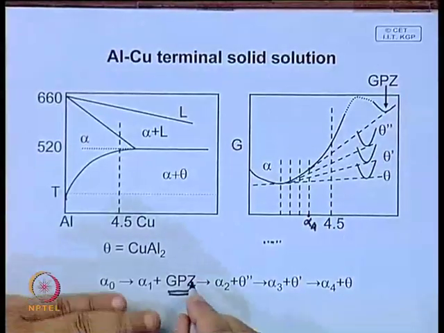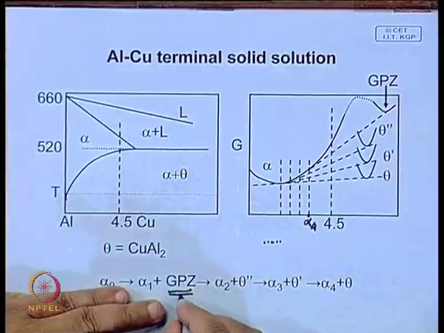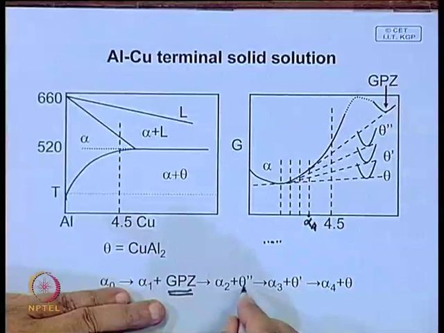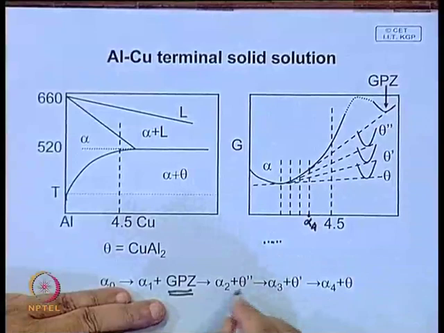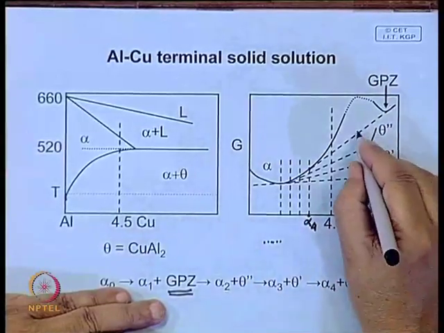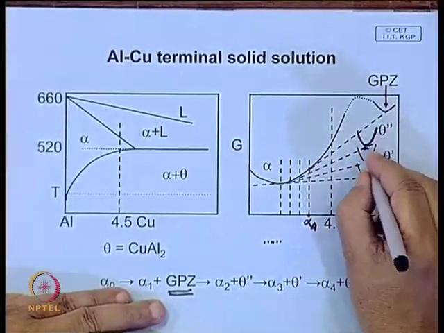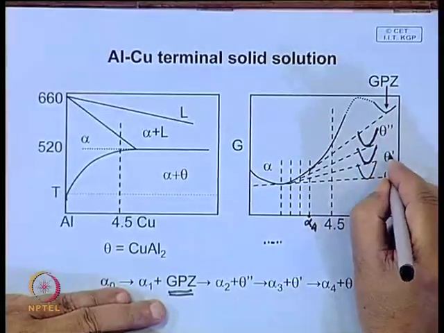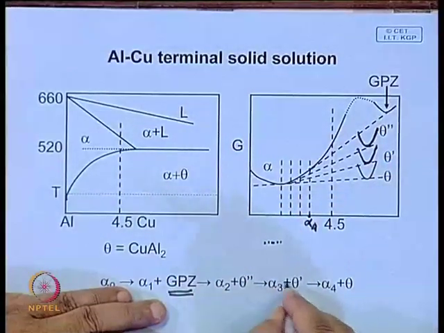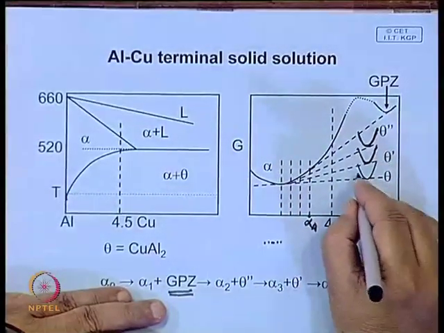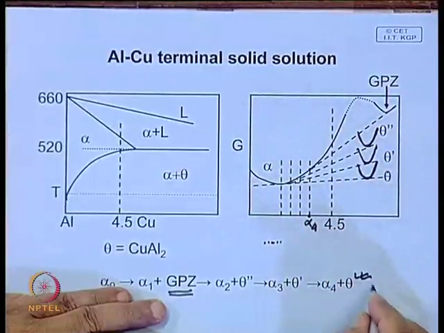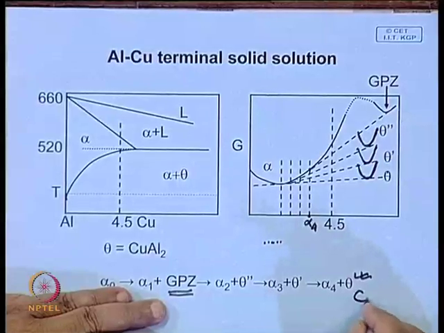The first precipitate, which is a cluster of copper atoms, is known as Guinier-Preston zone or GP zones. The next precipitate is theta double prime, whose stability is shown by this free energy composition diagram. Next is theta prime. These are all coherent, and finally this is the stable precipitate theta, which is the final precipitate, and this is actually CuAl2.